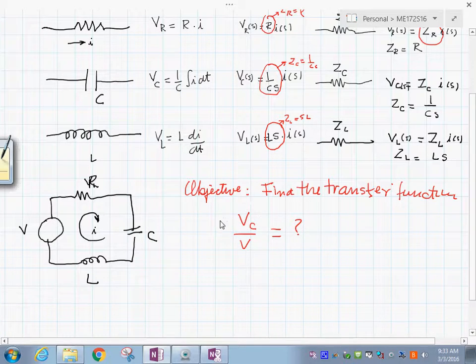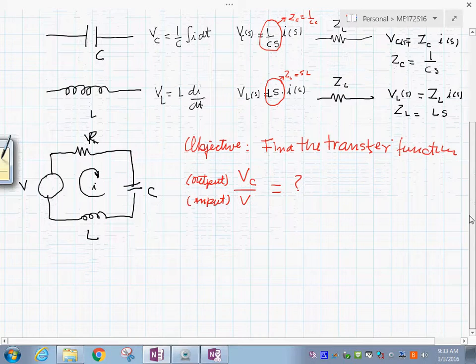What have we done in the past? In the past, we went ahead and wrote the equations of motion in the time domain. We applied the Laplace transform, and then we did the transfer function.